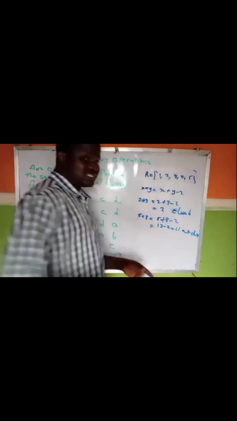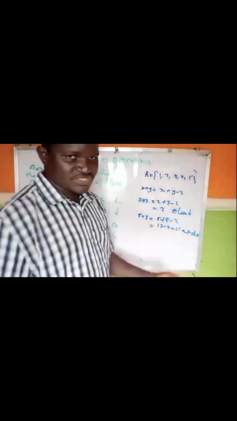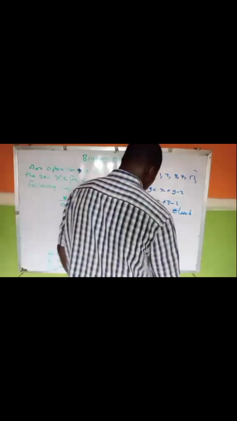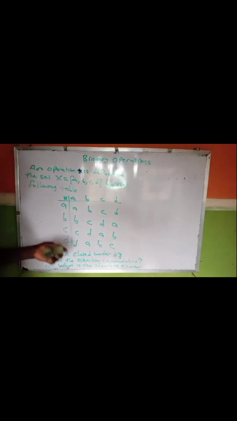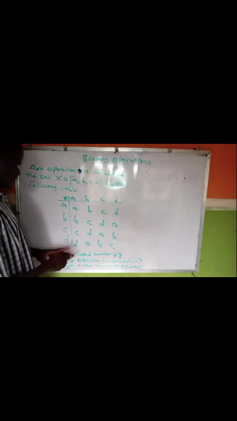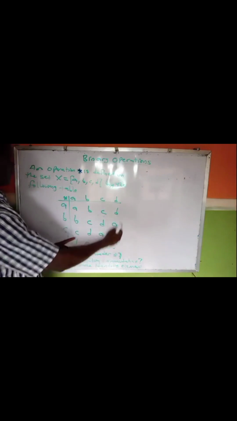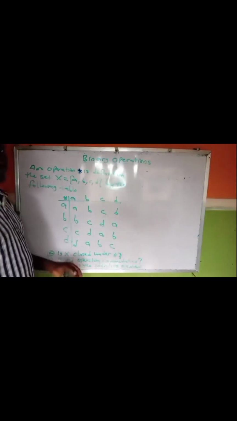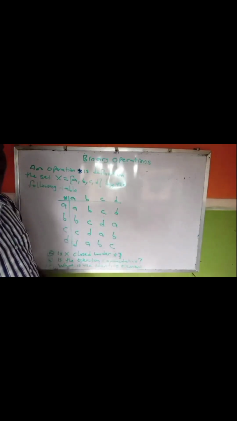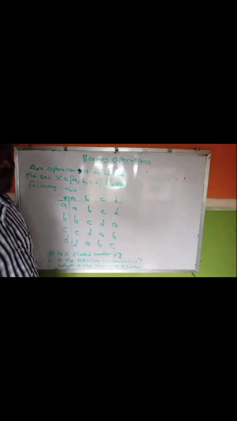You can see it in another aspect rather than this. You can set it like this, then ask whether it is closed or not. So come and look at this one now. Is X closed under this operation here? What we are going to do is look at the elements here. Is everything here present here? That will determine whether it's closed or not. Like A is either plus or multiplication.